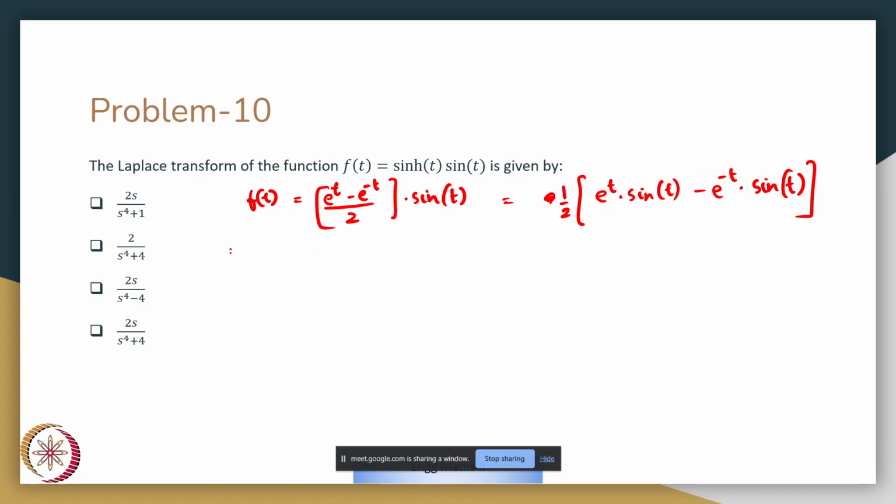Now we know that Laplace transform of sin of t is nothing but 1 upon s square plus 1.